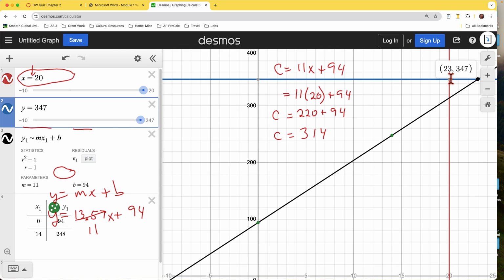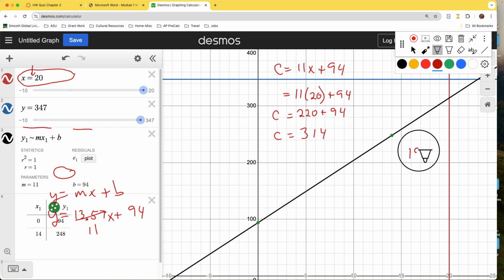But what year is that? So 1990 plus 23. 9 and 2 is 11, carry the 1. It's 2013. That's what we want to put in for the answer.